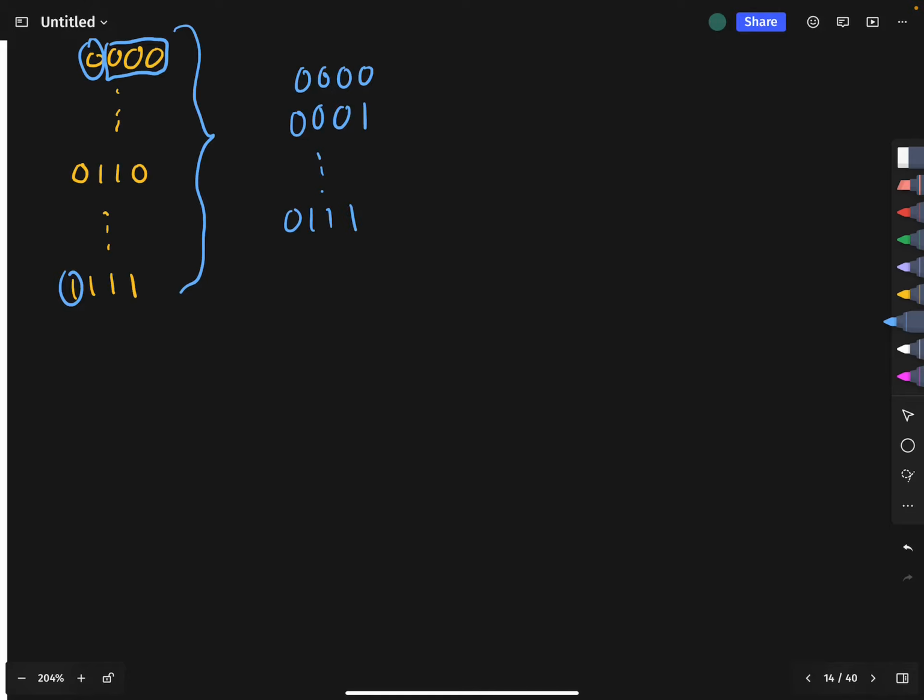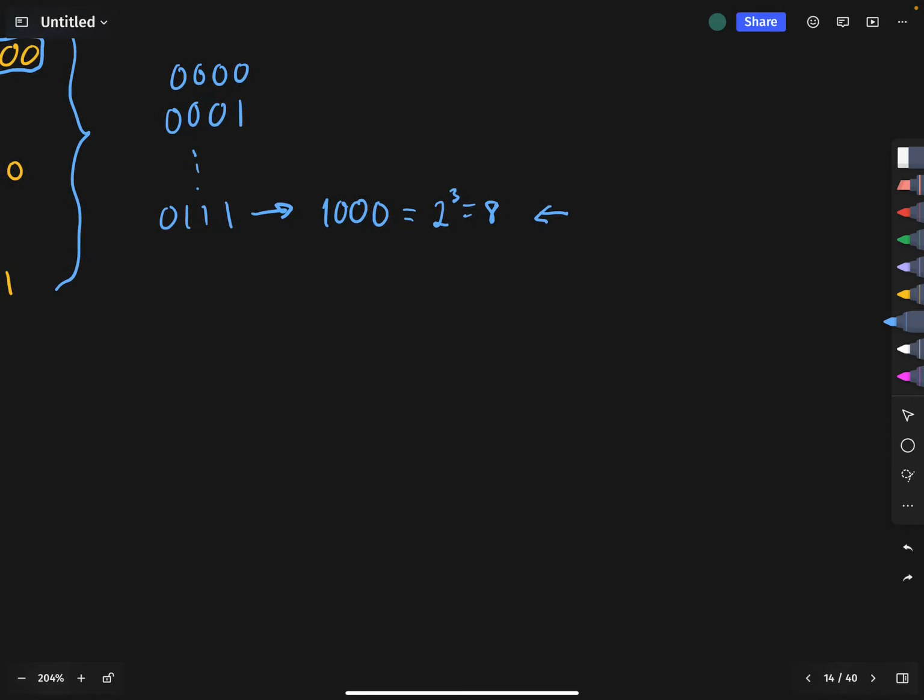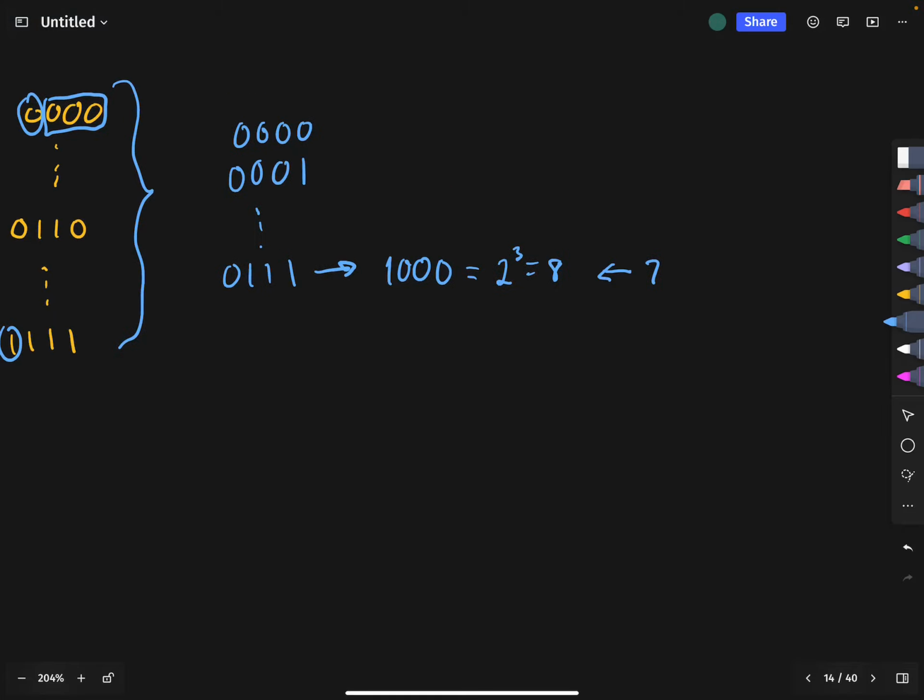If I were to add 1, I would get 1, 0, 0, 0, and that must be the same as 2 to the 3, which is 8. If I wanted to then go back to talking about what a sequence of 3 ones represents, then it must represent 7. So this is the number 7, basically.